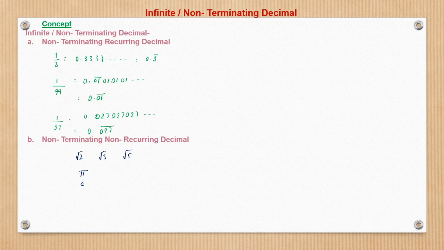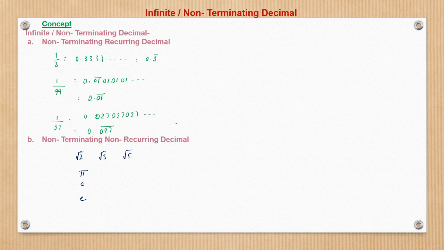This we have seen in the previous session also. The expansion of root 2 will not even show a repeating pattern, and neither will it terminate. So therefore it is a non-terminating, non-recurring decimal. And then there's e also, which we use in logarithm.